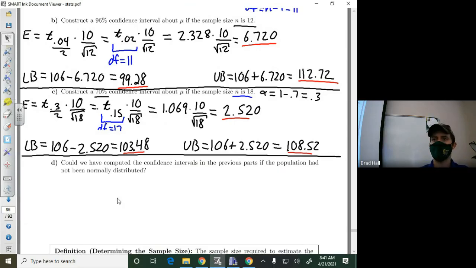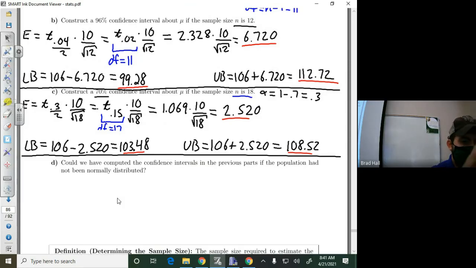And that is our 70% confidence interval. So we are 70% confident that the mean will fall within this interval. It's a lot more precise of an interval, but we have less confidence about this precision.